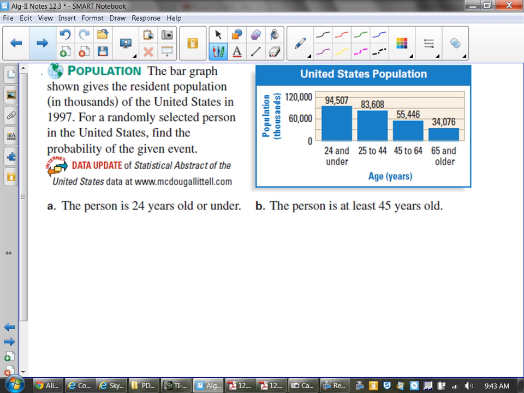Your desired outcome would be the 94,507 divided by the sum of all of these. You see that a lot of times with data. They're going to look at a data set and find the probability that a certain thing occurs within a data set. The answer is 0.353116. Very good.